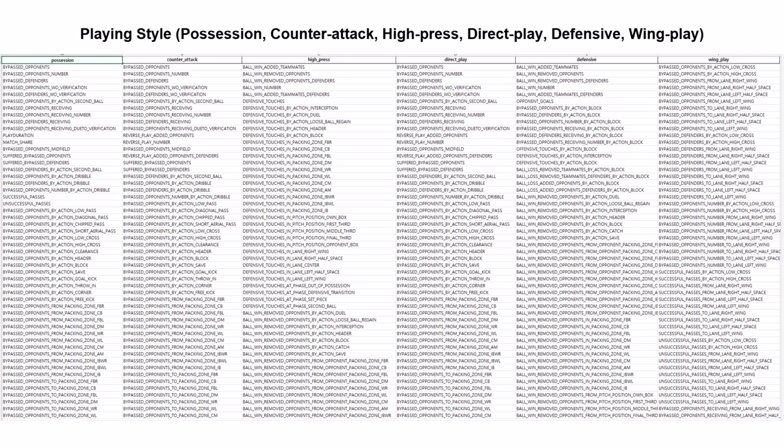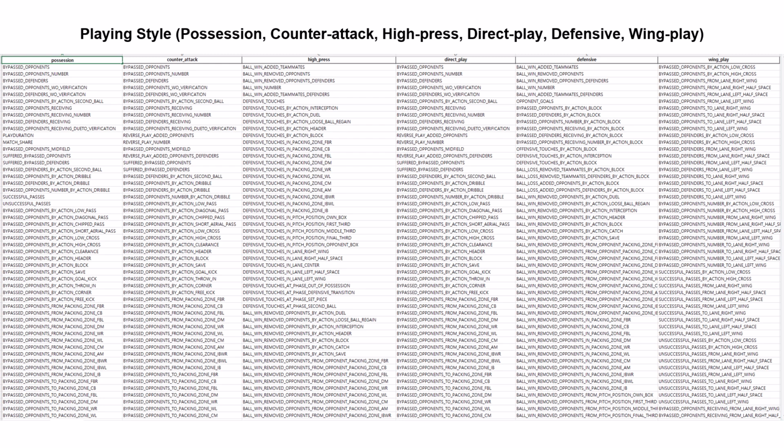And I also classified teams into 6 distinct playing styles based on their tactical tendencies: possession, counterattack, high press, direct play, defensive, and wing play. To define each style, I grouped related event-level variables.